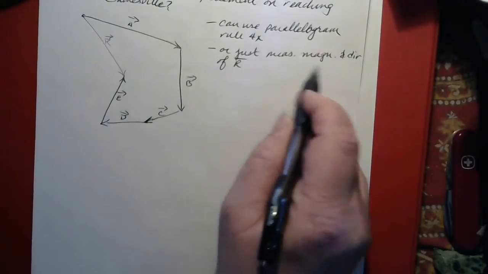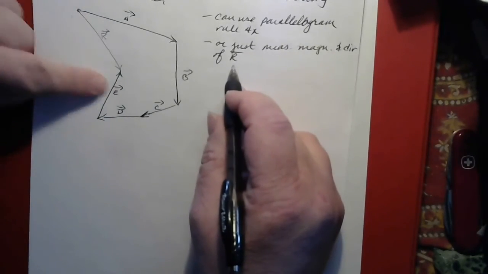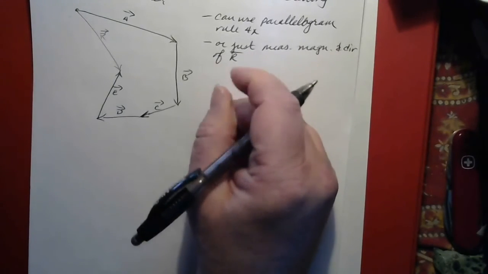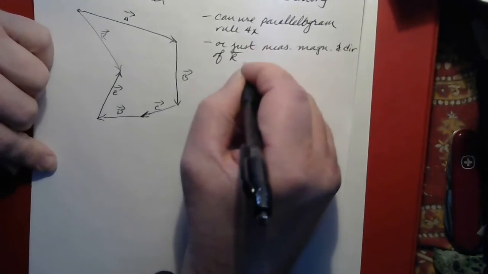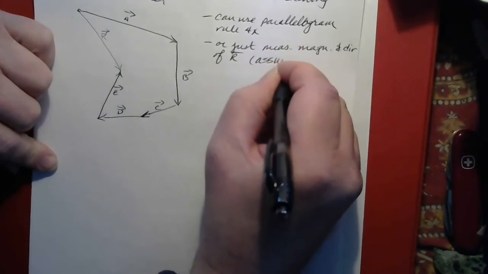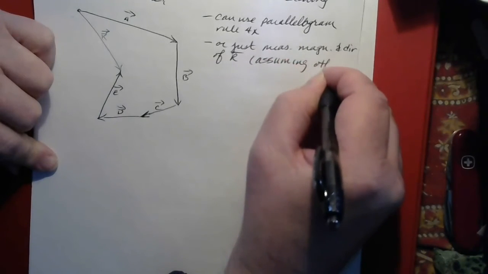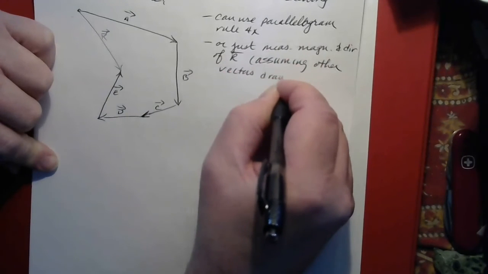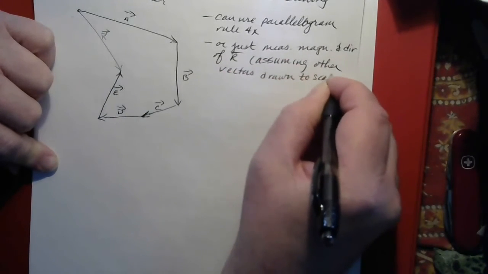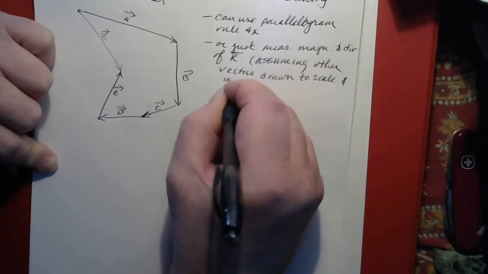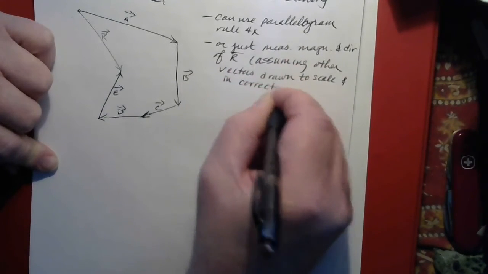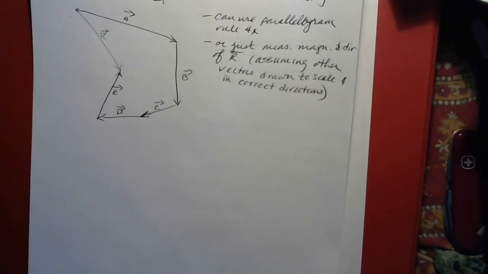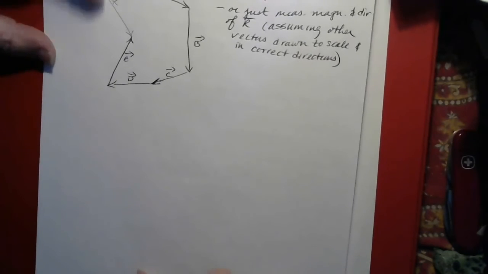Or, of course, as I said, you can just measure the magnitude and direction of vector R, but that assumes that the other vectors have been drawn very accurately. So that would take a lot of care in order to do that.